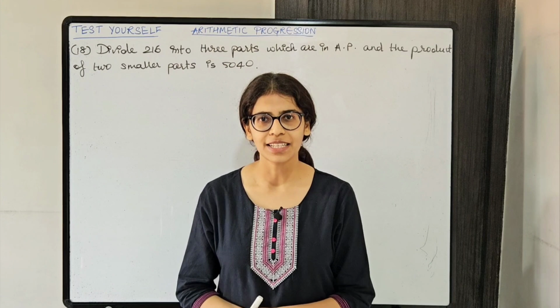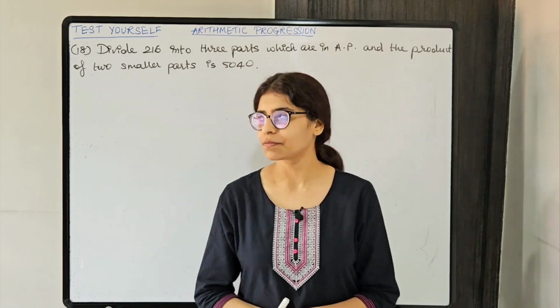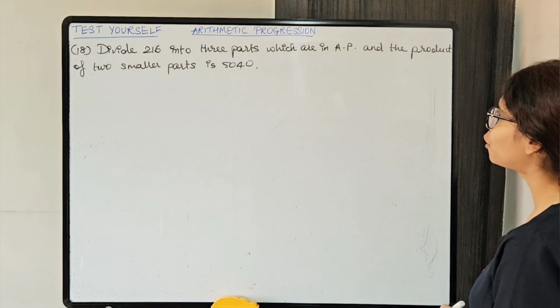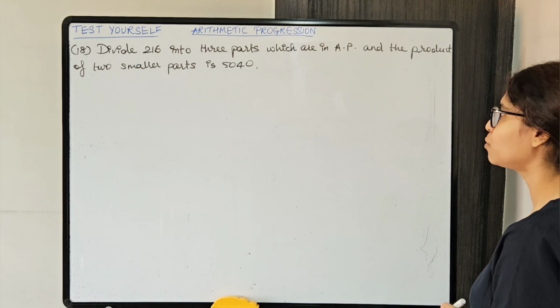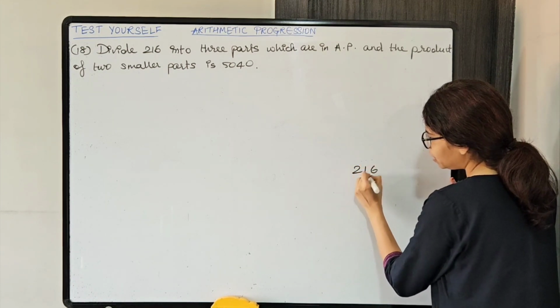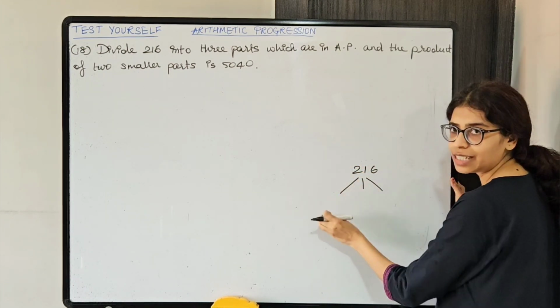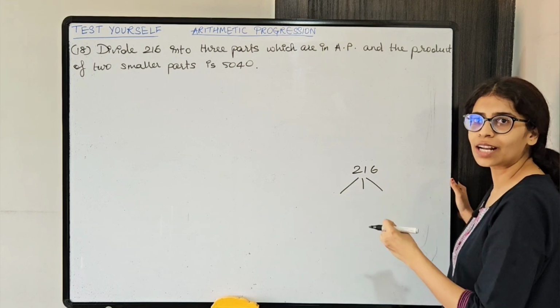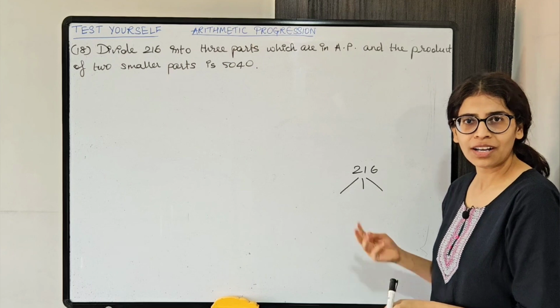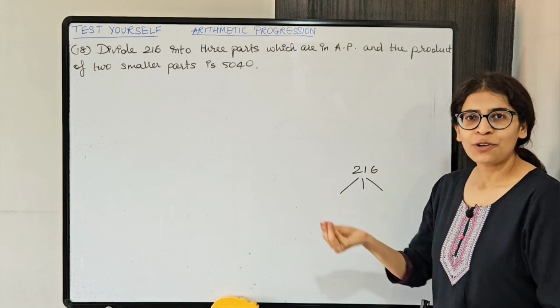Next question, question number 18. Divide 216 into 3 parts which are in AP and the product of 2 smaller parts is 5040. We have to divide 216 into 3 parts, that is 3 numbers, such that these numbers are in AP. So there will be 3 terms in AP, an odd number of terms.